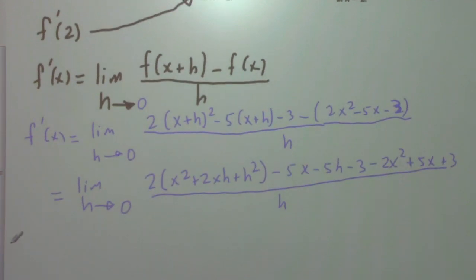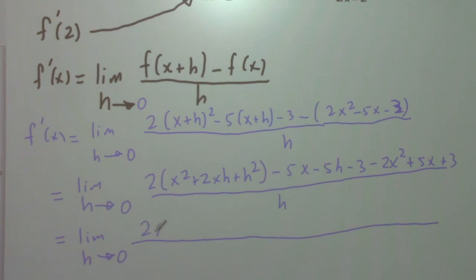Okay, are we okay up to here now? All right. And I'm writing out every step as much as I can, just for clarity. So the limit equals the limit as h approaches 0. Now we're going to go ahead and finally distribute.